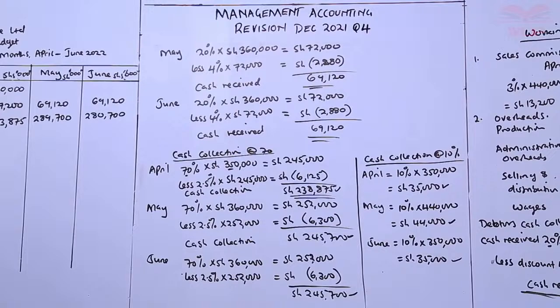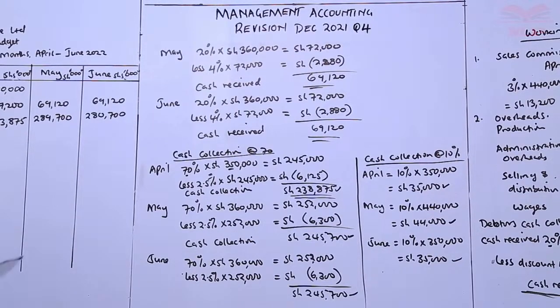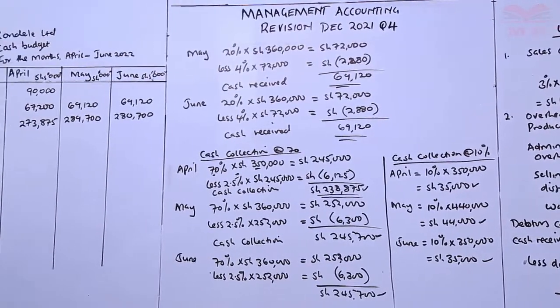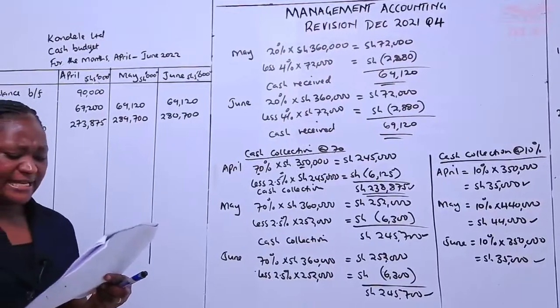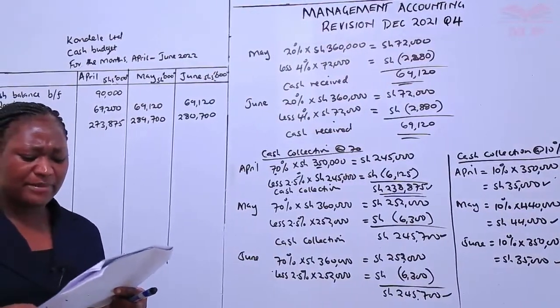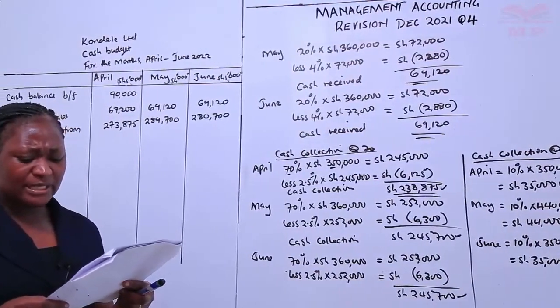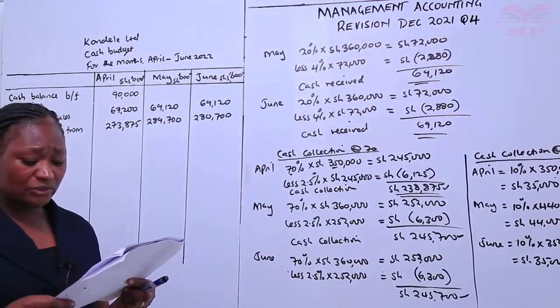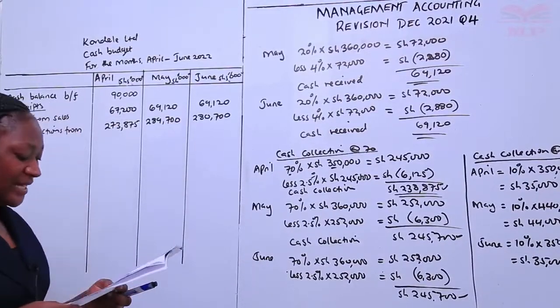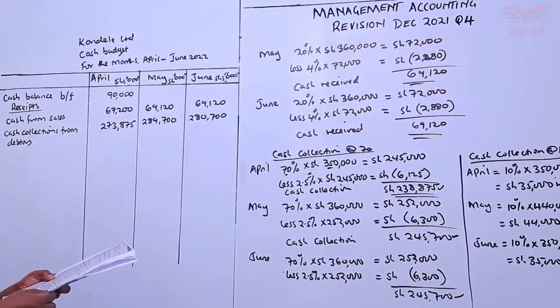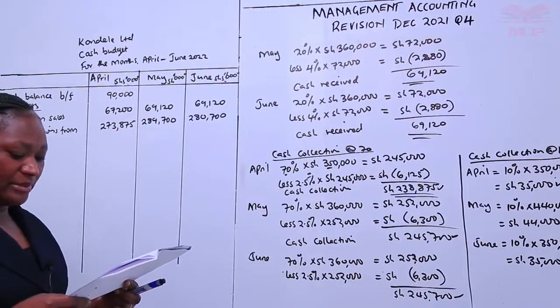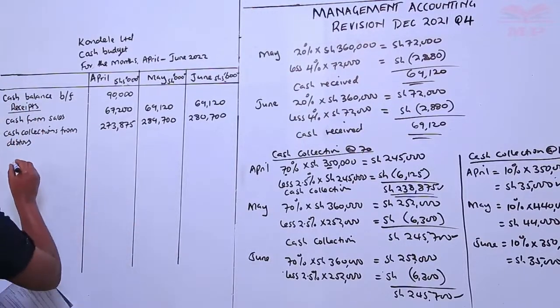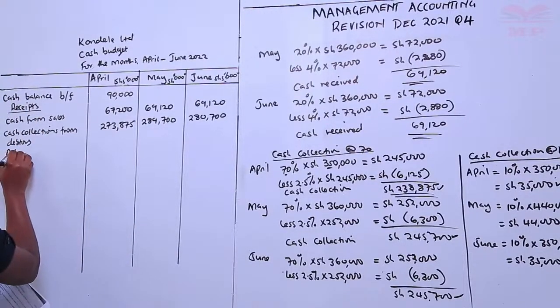We also look into the question to find whether there were any cash receipts. In note number 3, we are told that debentures worth 125 million are expected to be issued in May 2022, and the amount will be received in the same month. So these debentures will be issued in May. So we have debentures.